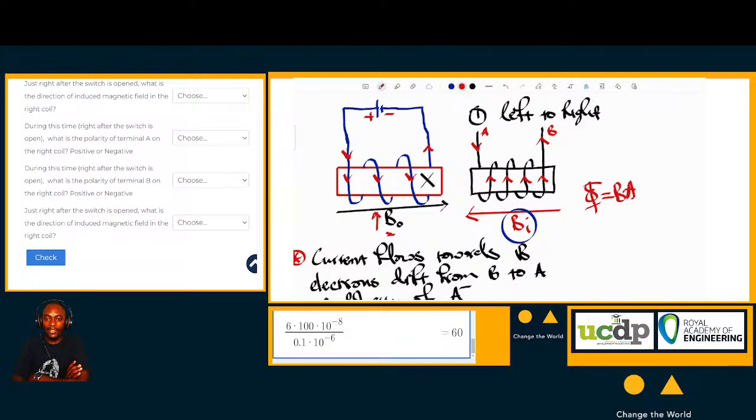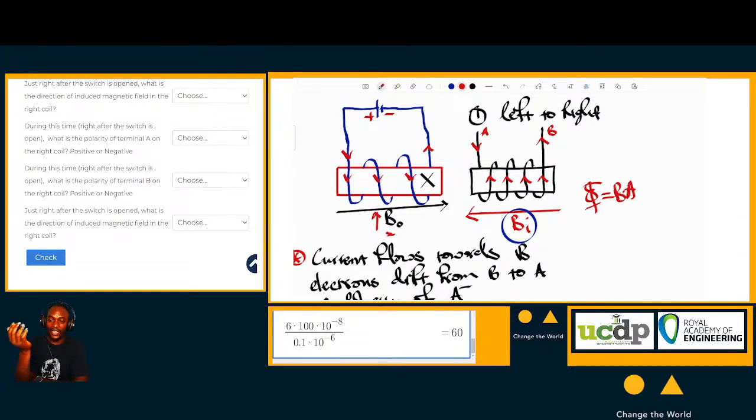what happens to the direction of the induced magnetic field? We did discuss this in the earlier question. What happens to the direction of the induced magnetic field when flux is decreasing?